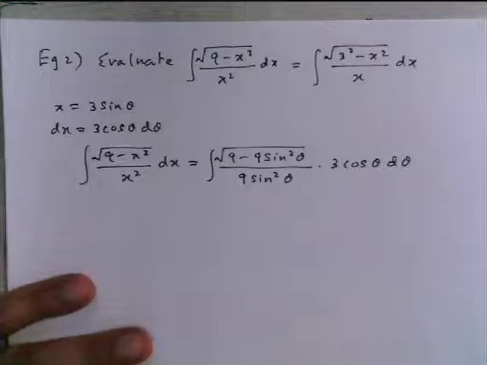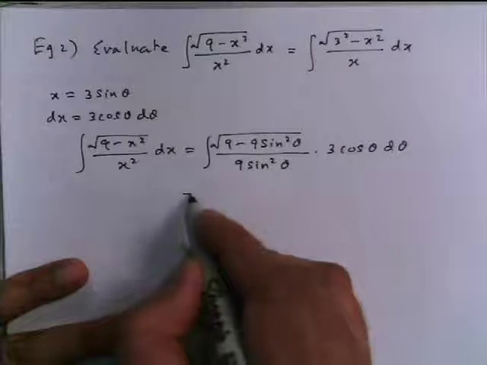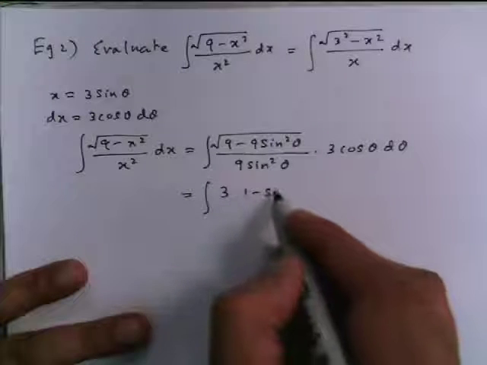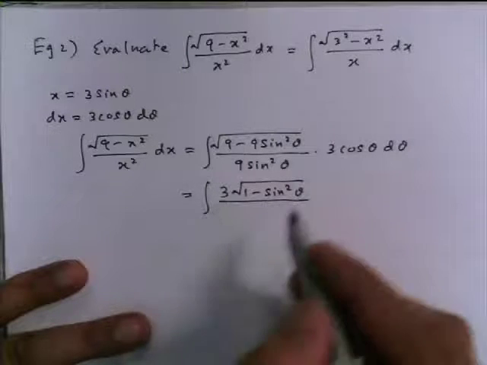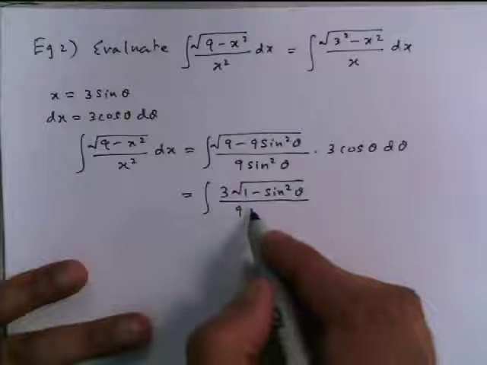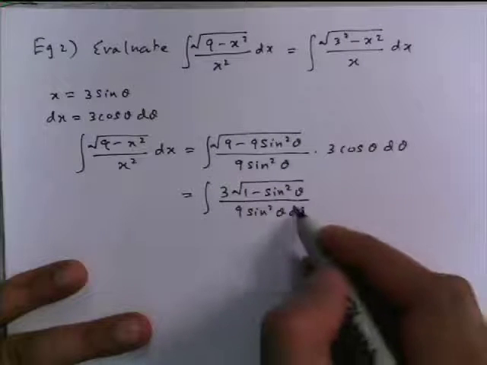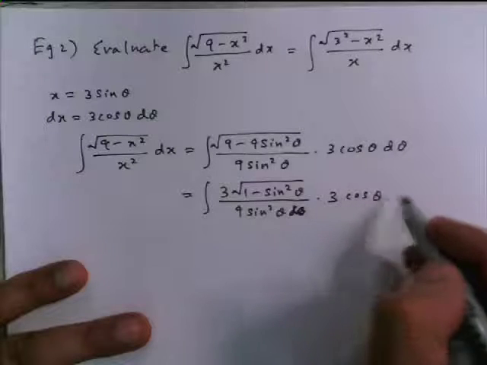Now let's simplify. What do you get? On the top you get 3 times the square root of 1 minus sine squared theta, over 9 sine squared theta, times 3 cosine theta d theta.